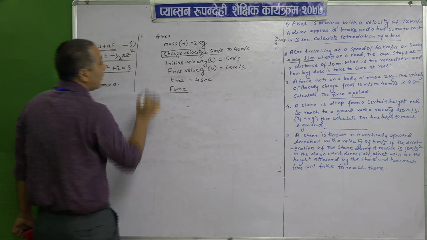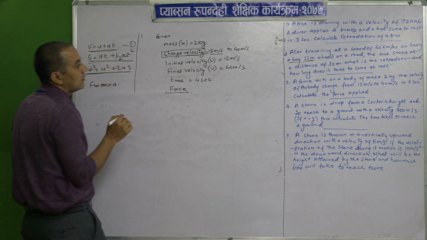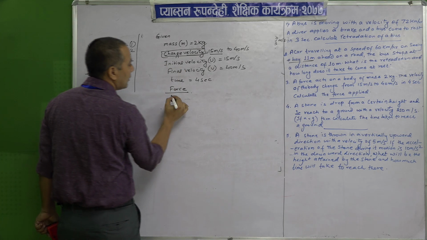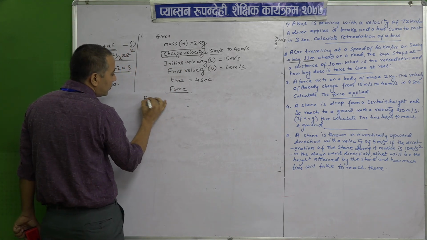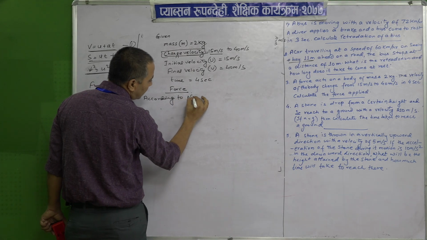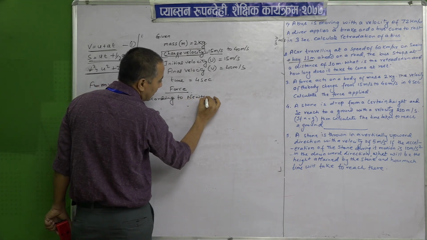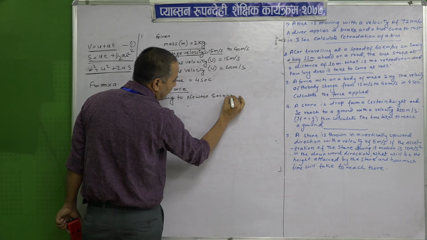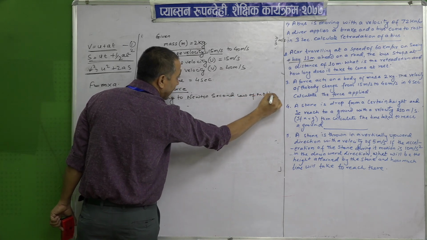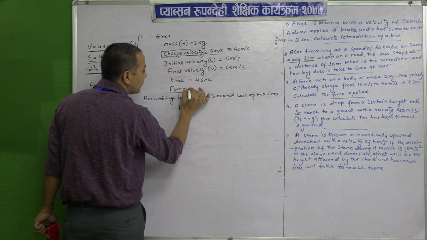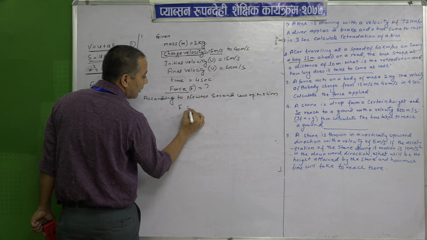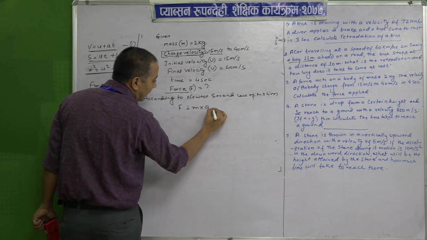Okay. Before that, we have to find out a. According to Newton's second law of motion, F equals m into a.